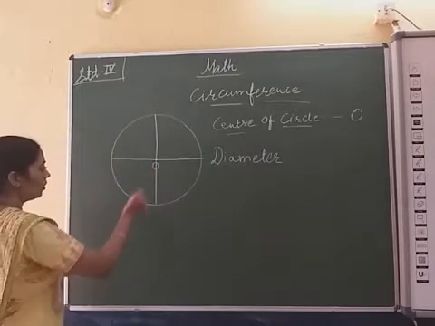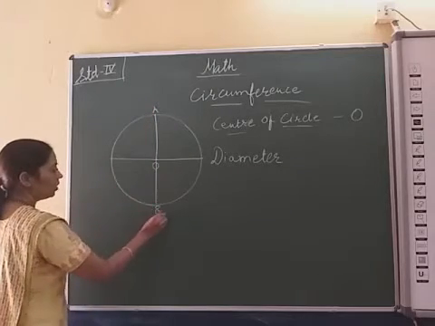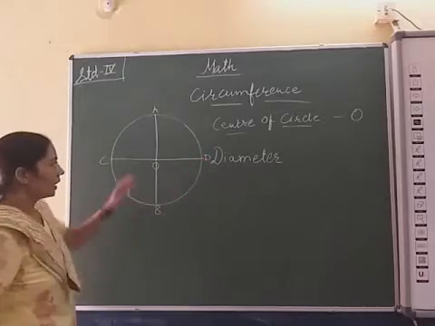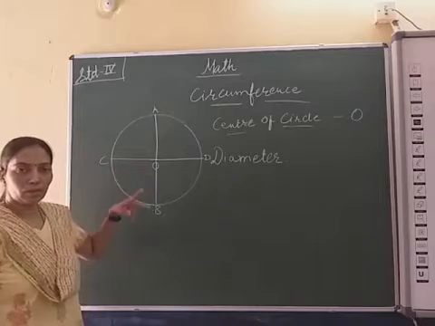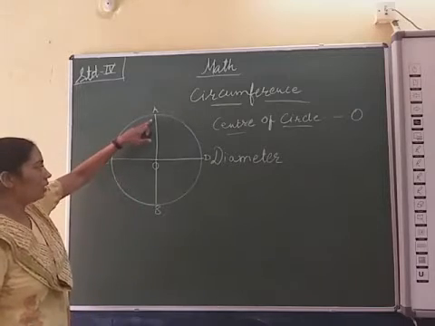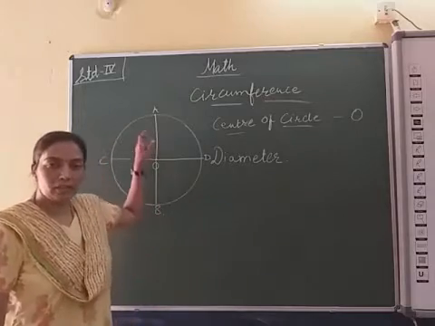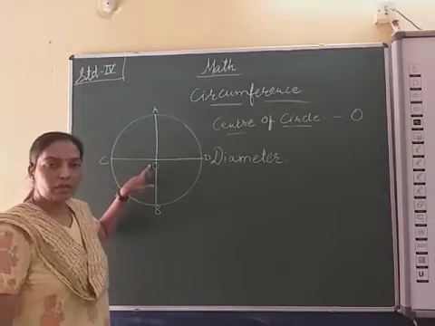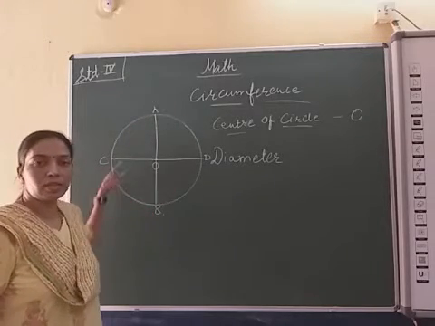So we give them line segment names AB or CD. This is the diameter. Two diameters I draw here. What is the diameter? That line segment passes through the center and its starting and ending points are on the circle.